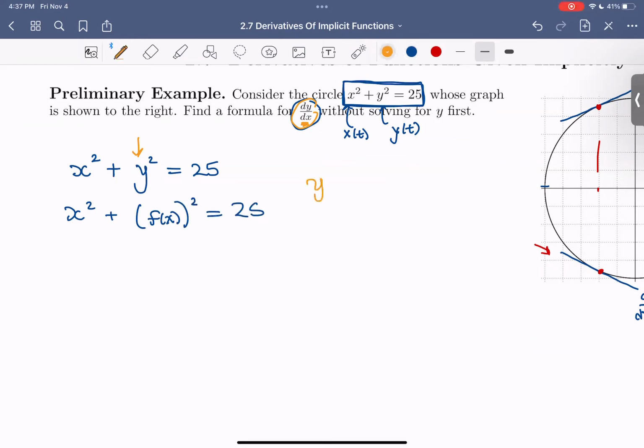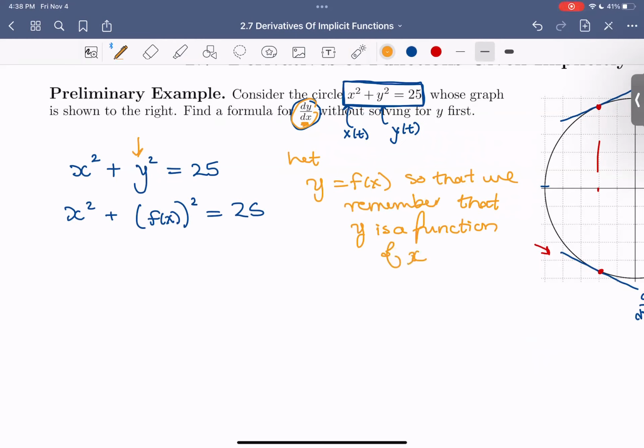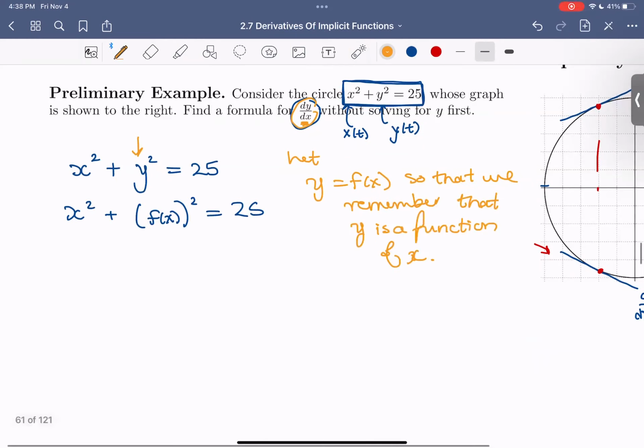I'm going to say let y equal f of x so that we remember that y is a function of x. In other words, y varies with respect to x. And that's the whole point here. We want to know how y varies with respect to x.